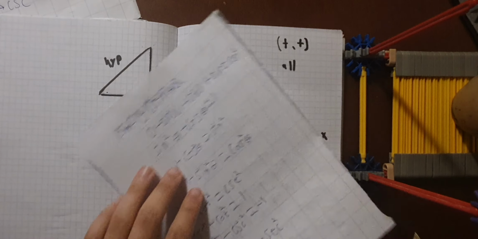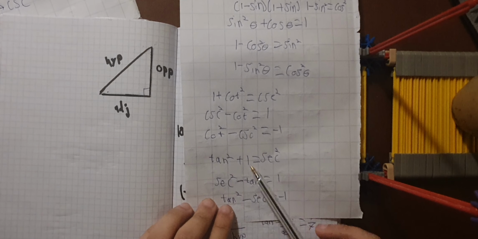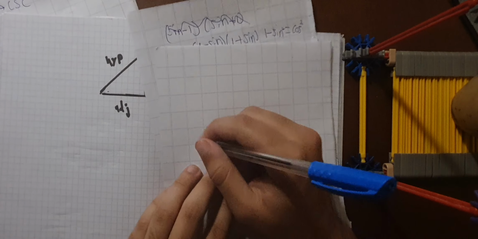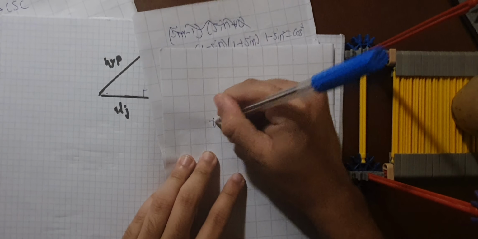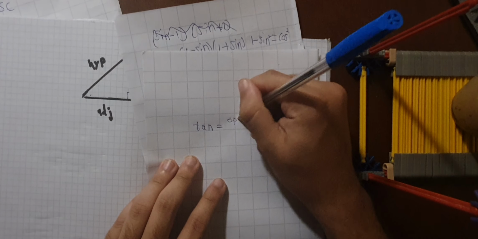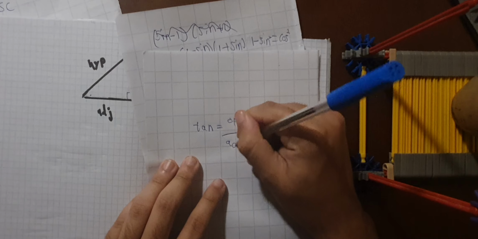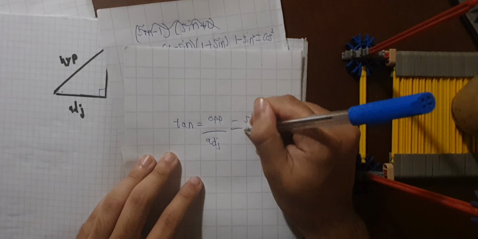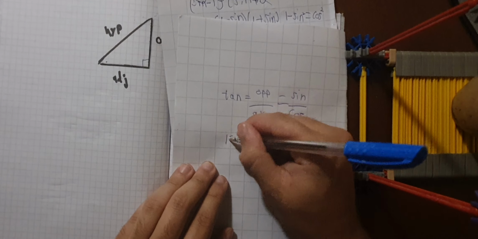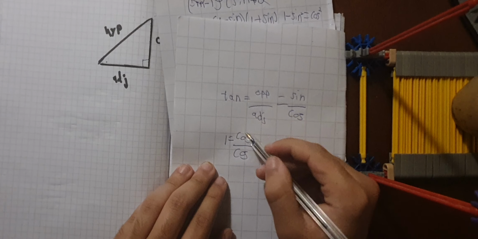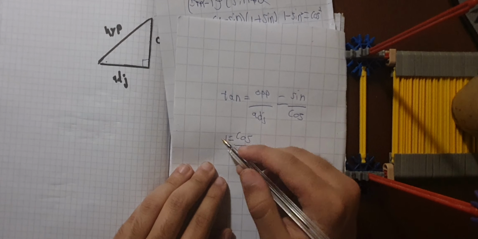Same with this trigonometric identity. Let me just get a new paper to write it down. So tan is equal to opposite over adjacent, which is also equal to sine over cosine, and 1 is also equal to cosine over cosine, because when you divide something by itself it's always equal to 1.